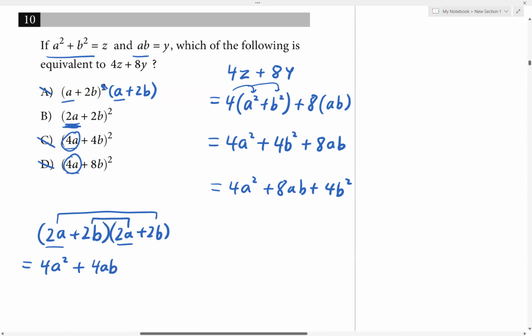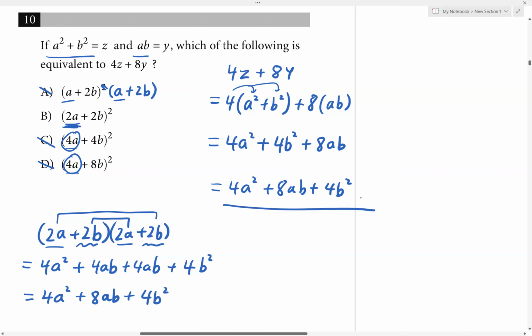The inner term is 2b times 2a will be another 4ab. And then the last term times the last term, 2b times 2b will be 4b squared. And we combine like terms, we get 4a squared plus 8ab plus 4b squared. Okay, and that's exactly what we have there. So we know B should be our final answer.